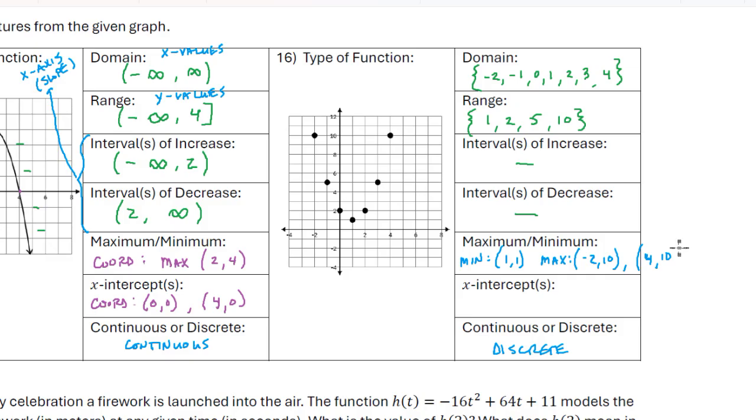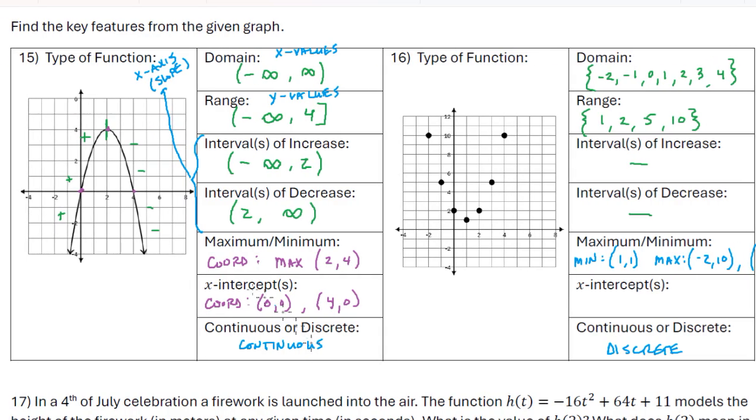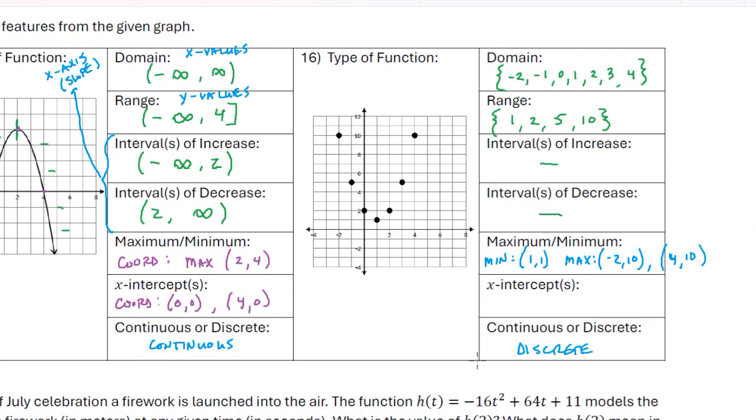Now I would say, class, typically maximum minimum is only describing a continuous function, because it's clear on question number 15. You can see the graph only gets to this maximum point. But technically, you could say on this discrete function, this is definitely our lowest value on our y-axis, and this is definitely our highest value on our y-axis.